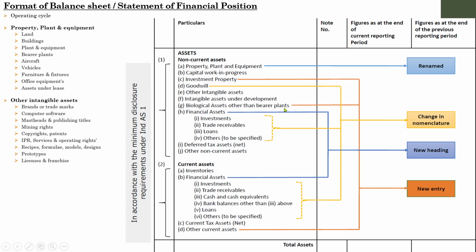Next one. Biological assets and other bearer plants. IND AS 41 defines a biological asset as a living animal or a plant. There are many businessmen running poultry farms or cattle farms or any sort of mangrove farms or coconut farms on a large scale or a medium scale, whatever it is.